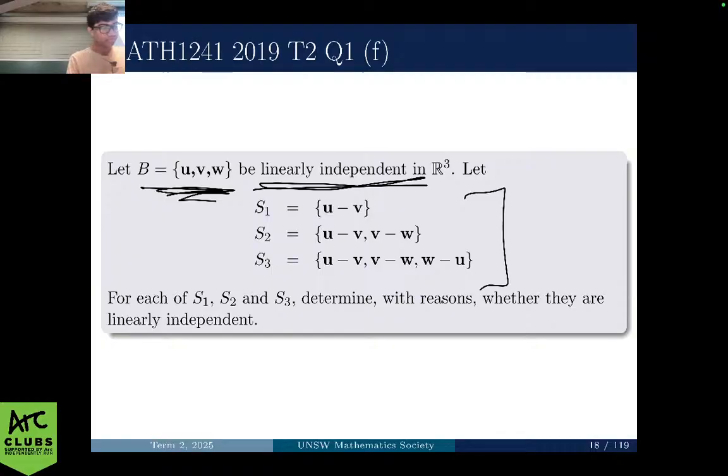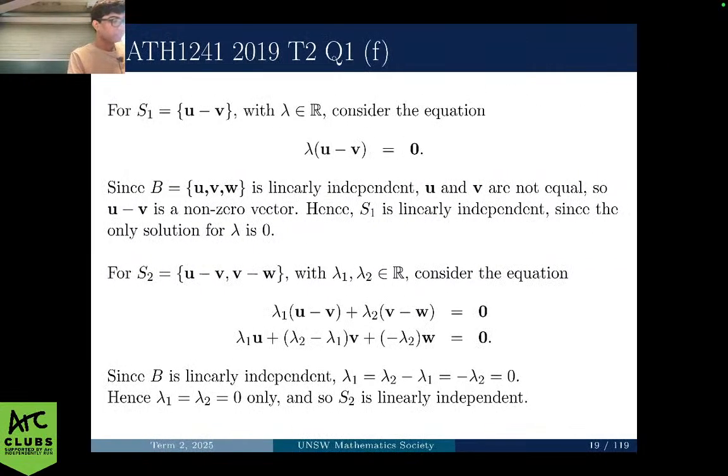Let's just take this first one, which is pretty simple. Lambda is real, and I would have lambda times (u minus v). There is literally just one term here, so lambda of that equals 0. And I want to show that the only solution to this is if lambda equals 0.